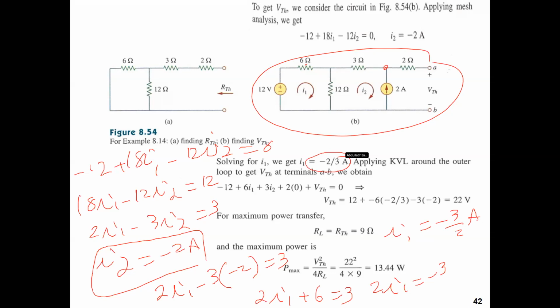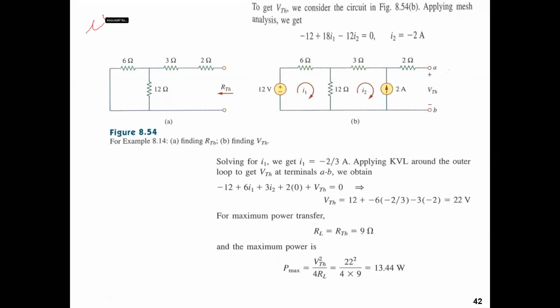So we're done with finding I1, and I2 is given. Let me erase everything here. Write down I1 equal to minus 3 over 2, and I2 equal to minus 2. Now, this is VTH here.